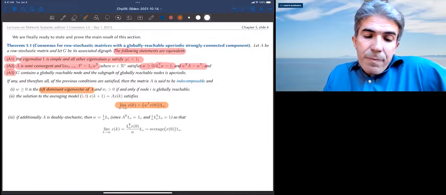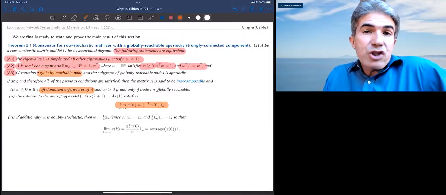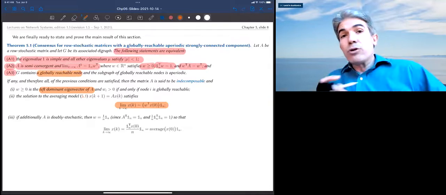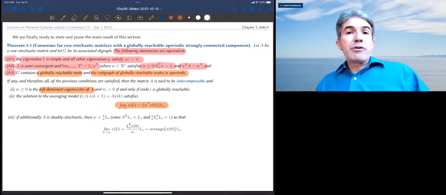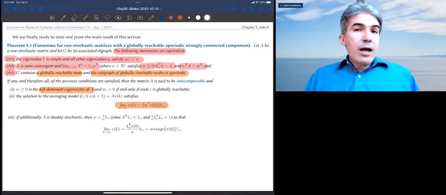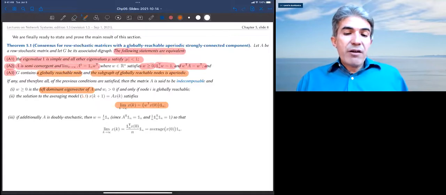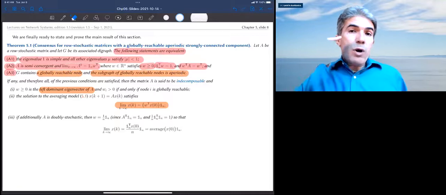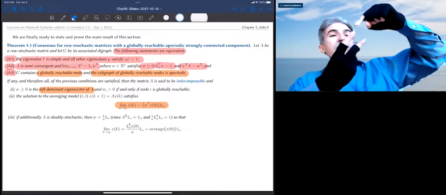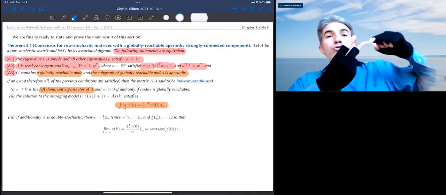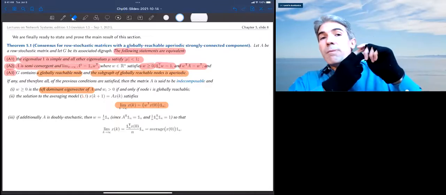My graph has to contain a globally reachable node, at least one, perhaps more than one, and the subgraph of globally reachable nodes has to be aperiodic. I will make a comment. A subgraph of globally reachable nodes has one more property that is not stated here. If two nodes are globally reachable, that also means that from node 1 I can go to 2, and from 2 I can go back to 1.